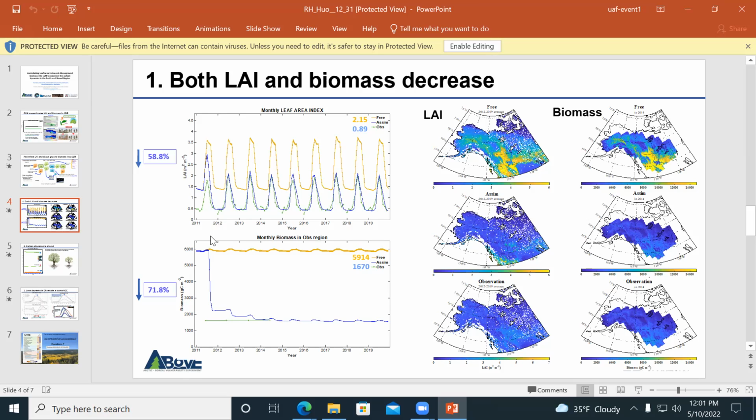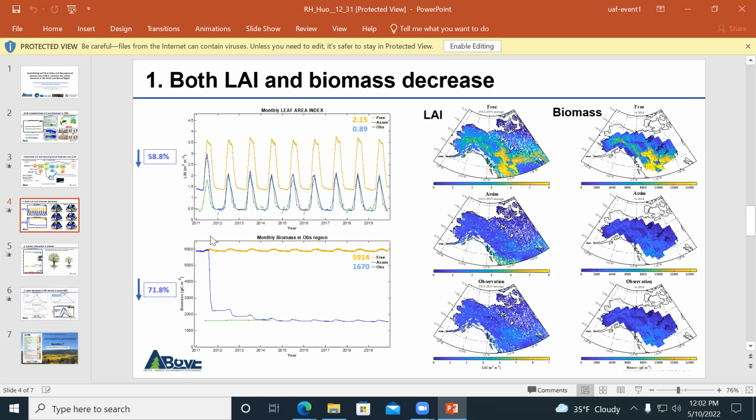And in this figure, I just integrated the available observations in summertime onto this map. So basically, for example, in Fairbanks, I think that value represents the summertime.